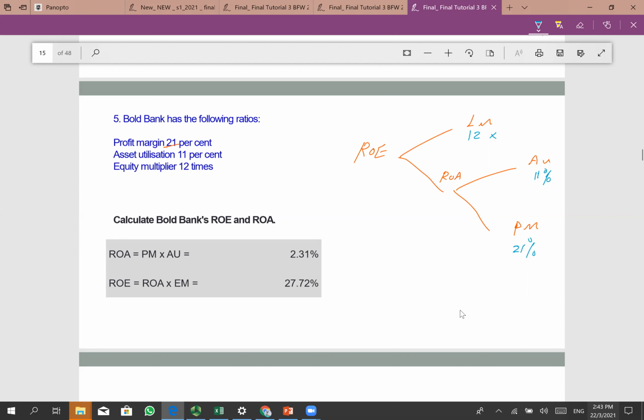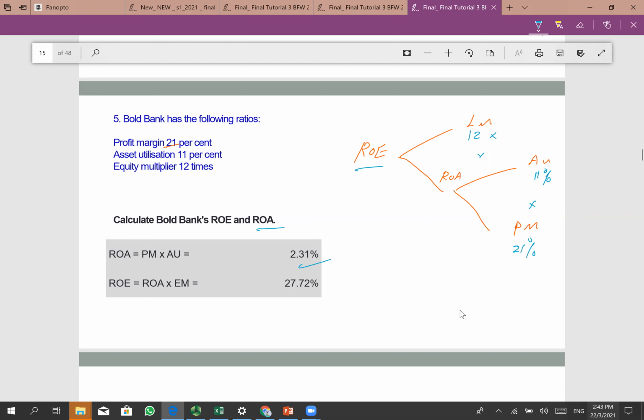Easily I can calculate the 3 factors, as I told you, this times this, which is actually the ROA, times this, and then I get the ROE. And this is what I did. So if the question is what is the ROA? The ROA is 2.31. And what is the ROE?